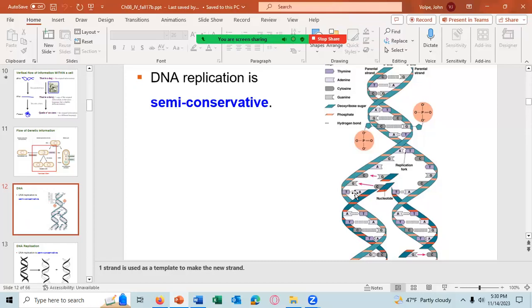Then the DNA polymerase will move down and we'll see a G and we'll add a C. Then it'll move down and see a C and add a G. So one strand is used as the template to make the newly made strand. And then this strand will be used as a template to make this strand. Semi-conservative DNA replication. Any question about that?